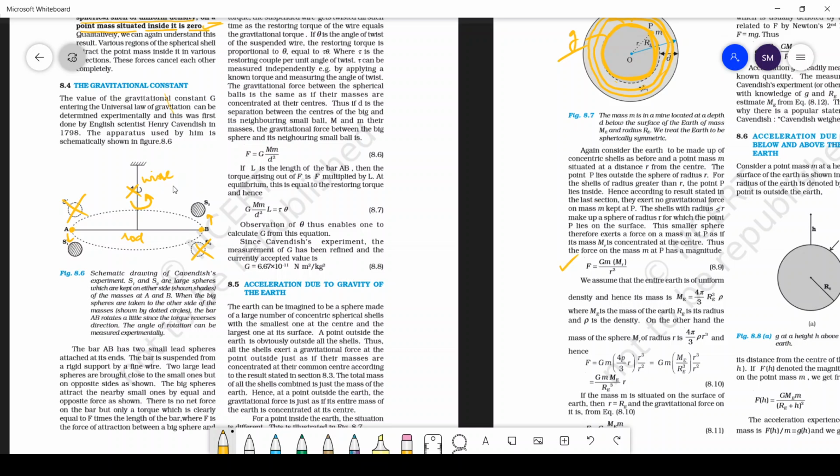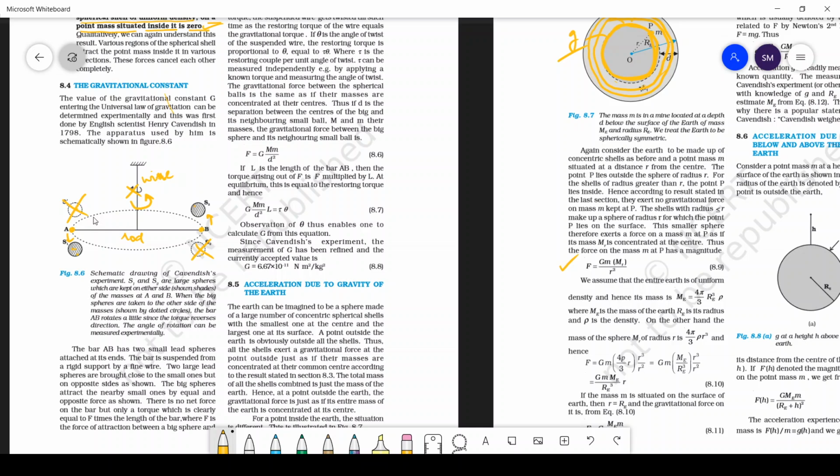So students, you need to do everything logically. That's what logic says. So it is telling you to either take this dotted position or take this position. If one big sphere is on one side of the rod, then another big sphere will be on the other side of the rod. So these two are on opposite sides of the rod.